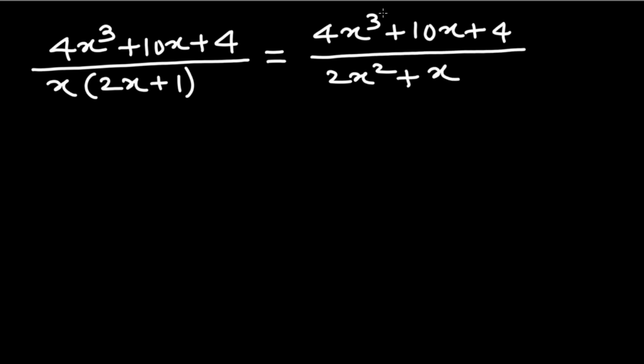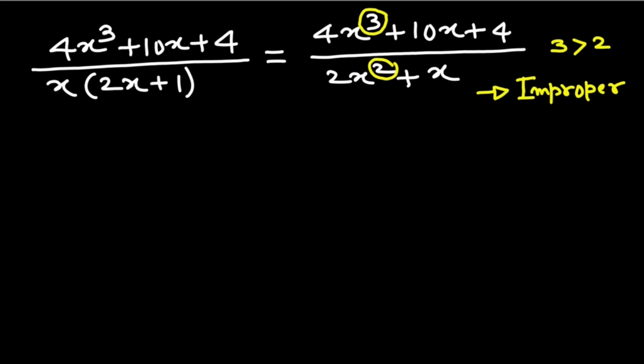Here the degree of the numerator is 3 and that of the denominator is 2. Since 3 is greater than 2, this is an improper fraction. So, in order to find its partial fractions, we have to carry out long division process.